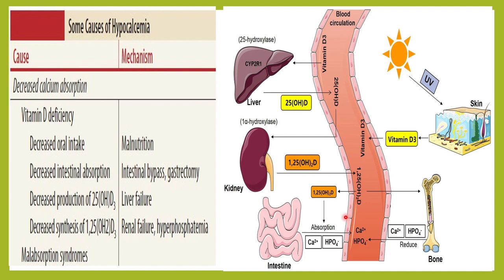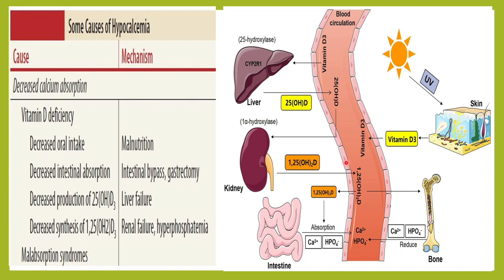And we know that for the absorption of calcium, we require vitamin D. Vitamin D deficiency could be because of decreased intake. Suppose the patient is malnourished, with no adequate consumption of calcium and vitamin D, then the patient can have hypocalcemia.